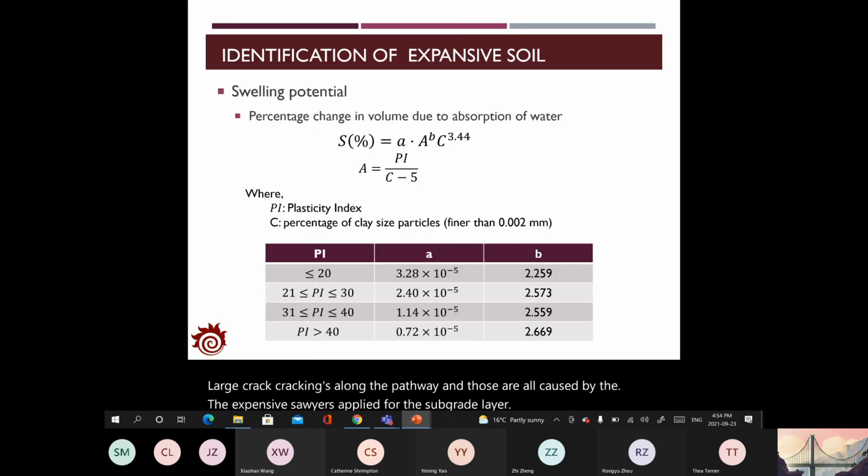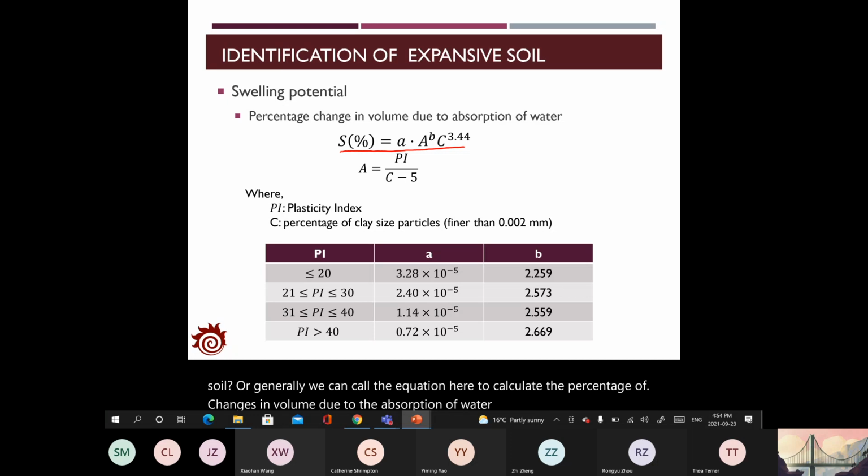As we just explained, expansive soil has a very significant impact on the reliability of the pavement structure. So as the pavement designer, we have to evaluate the swelling potential of a soil. Generally, we can use the equation here to calculate the percentage change in volume due to the absorption of water.